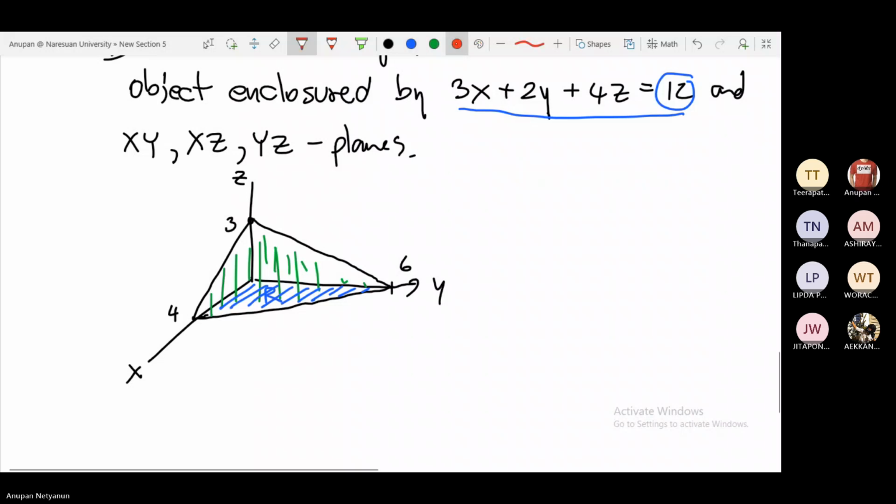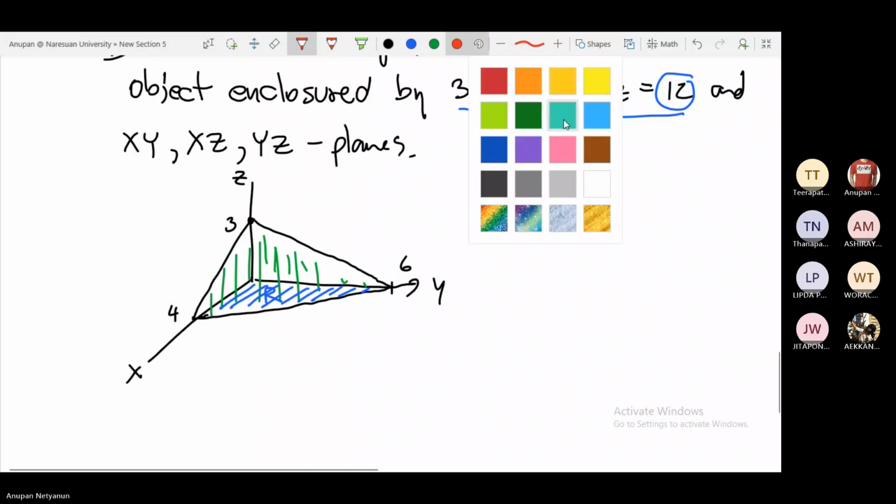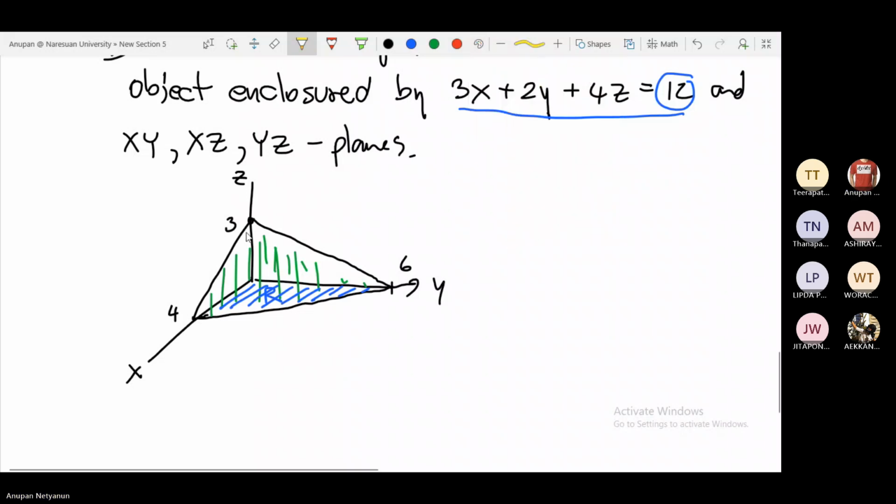And your plane, which is the triangle that we found, is going to be the surface, right?